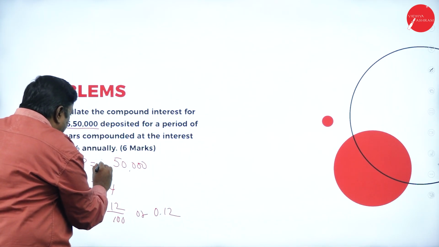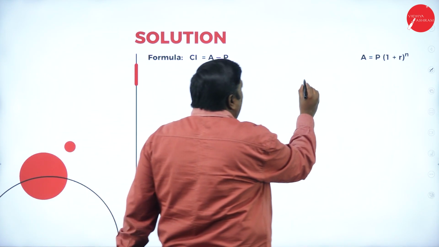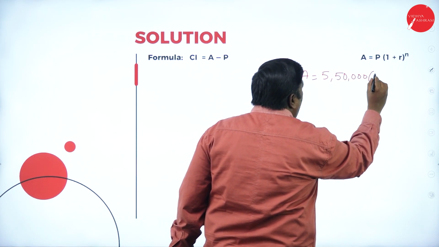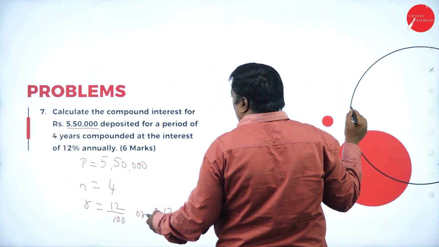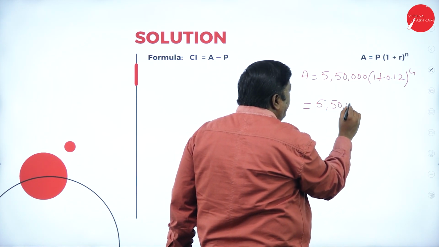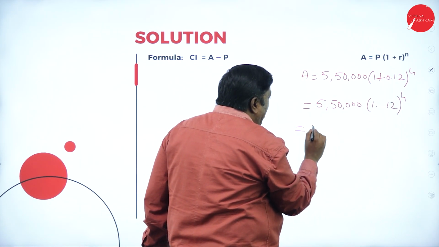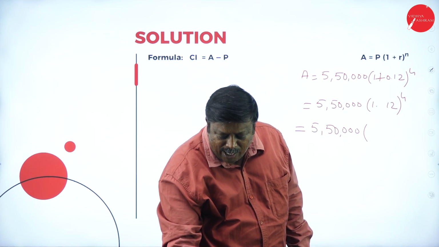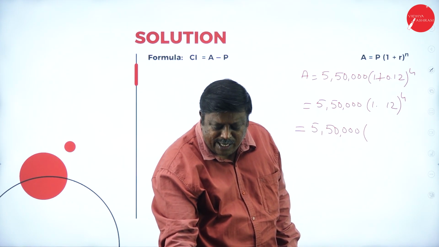So now the annuity value for 5,50,000: annuity is equal to 5,50,000 into (1 plus 0.12) to the power of 4 years. 5,50,000 into 1.12 to the power of 4, which is 1.12 into 1.12 into 1.12 into 1.12.